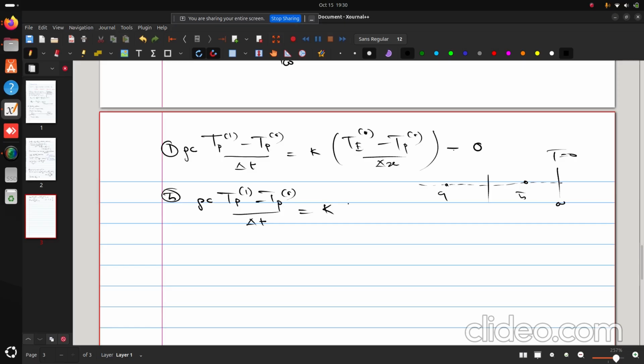So the only difference will be, T east, small e, minus Tp0, and the distance will be half of delta x, right, and the same old thing for the west face.